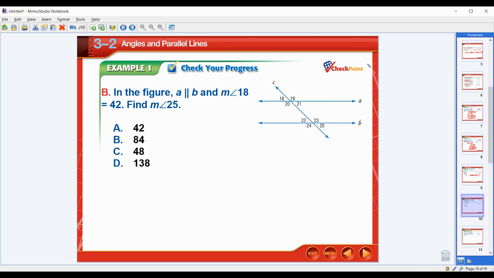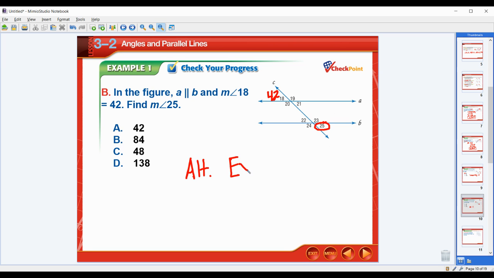Okay, now in the figure, the measure of angle 18 again is equal to 42. We need to find the measure of angle 25. So go ahead and pause it again. Alrighty, so hopefully you were able to tell these are alternate exterior angles.